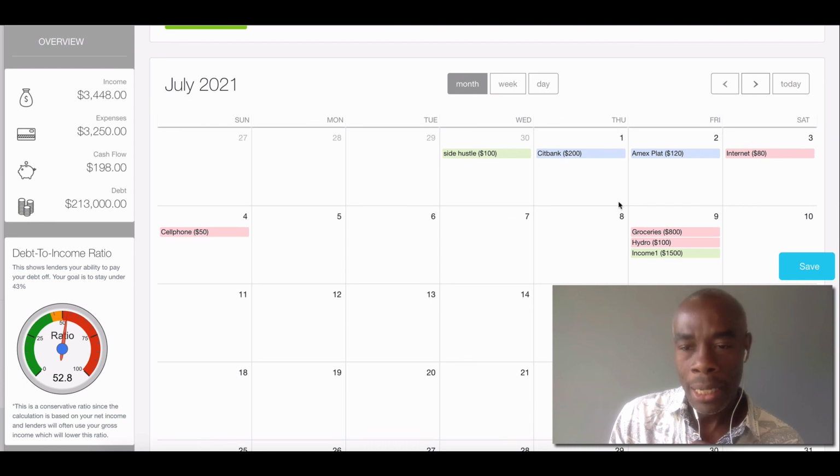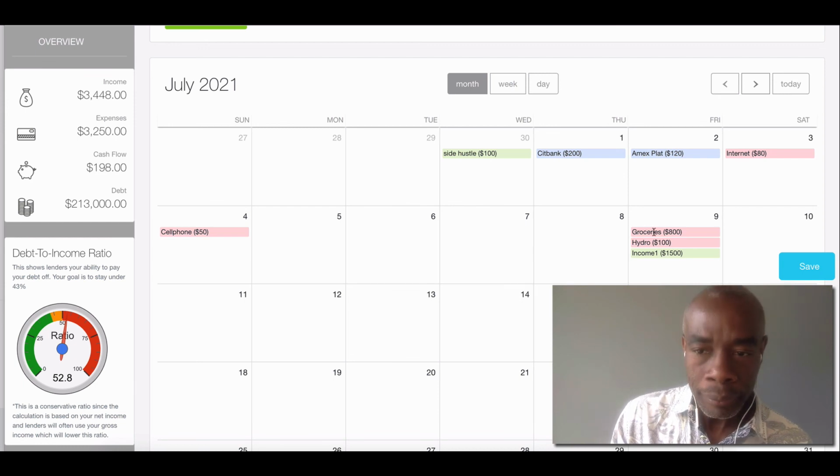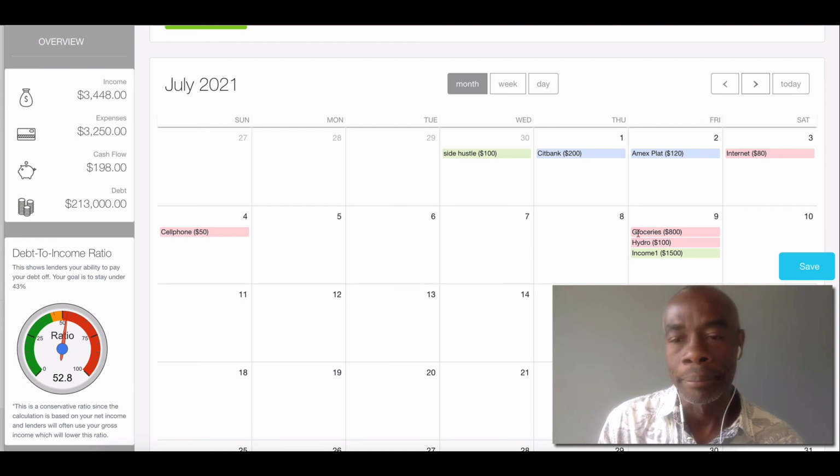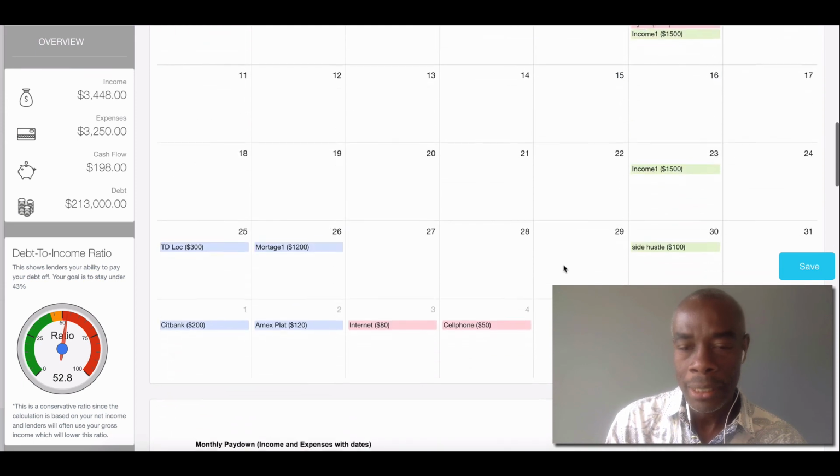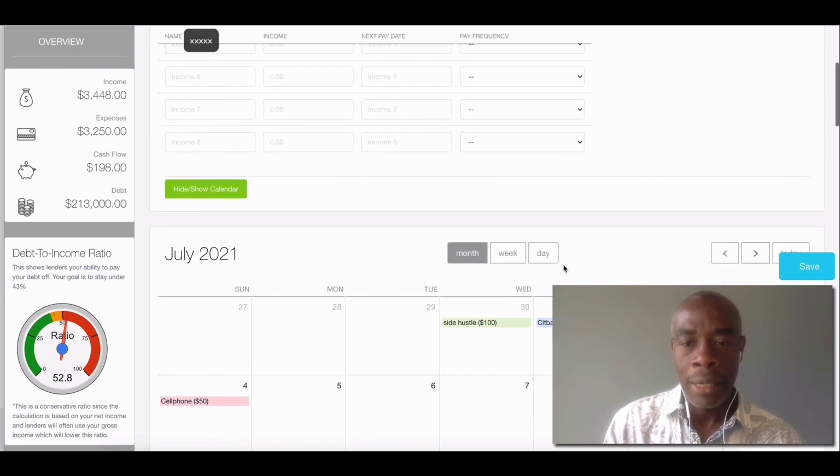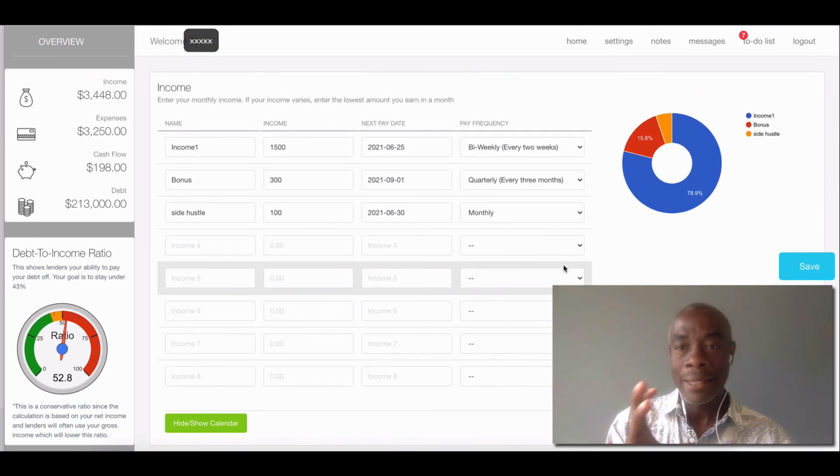Green is income, which is when you get more money, red is expenses, and blue is any debt payment. So that is it. That's the breakdown of the major functions of the app and how you actually use the app to help you implement the Velocity Banking strategy.